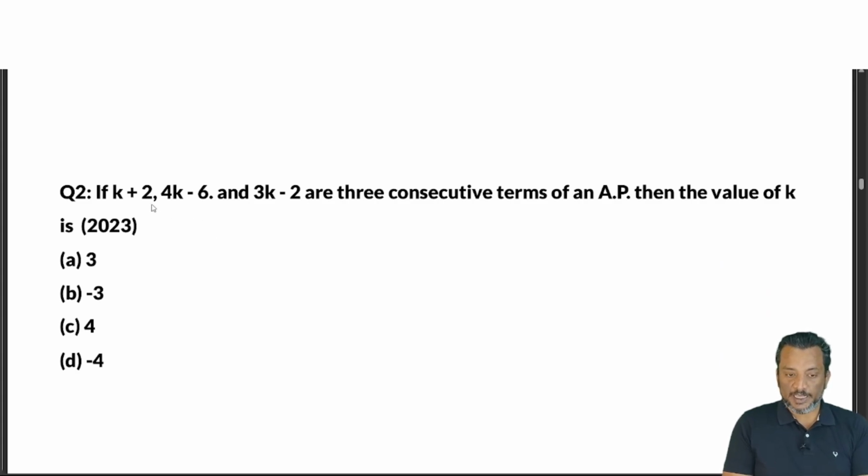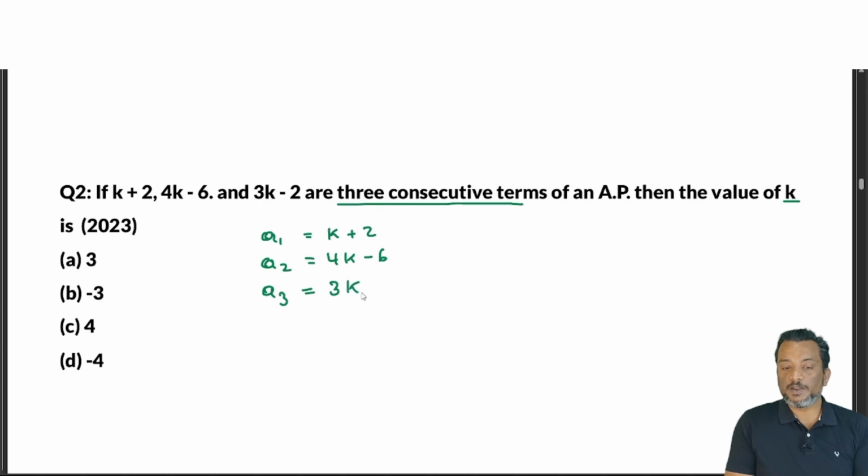It is saying if k plus 1, 4k minus 6 and 3k minus 2 are three consecutive terms, consecutive means continuous terms of an AP, find the value of k. Okay. So here you can say, suppose a1 is equal to k plus 2, a2 is equal to 4k minus 6, and a3 is 3k minus 2.